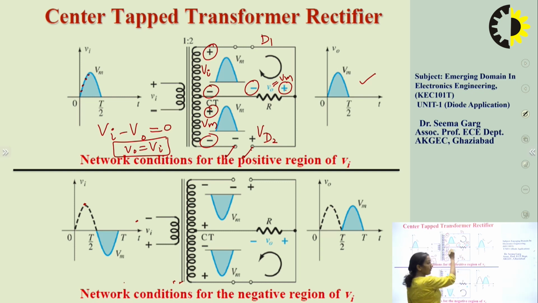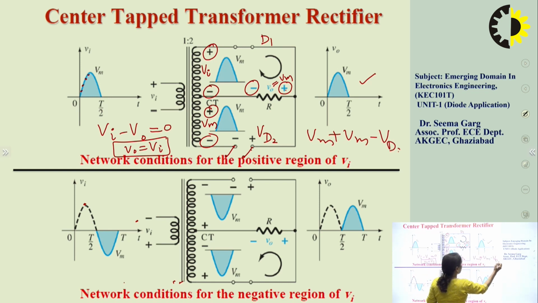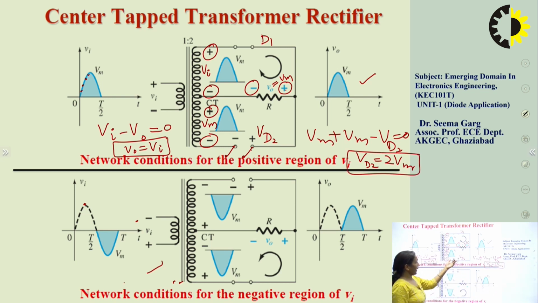If I write KVL in this loop, it will be Vm plus Vm minus VD2 is equal to 0. So VD2 is equal to 2 Vm.